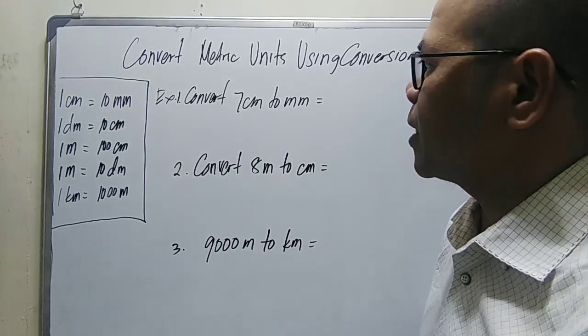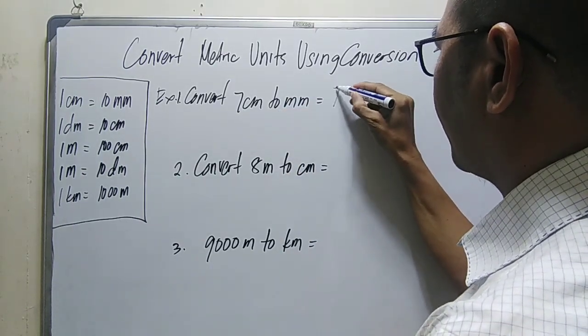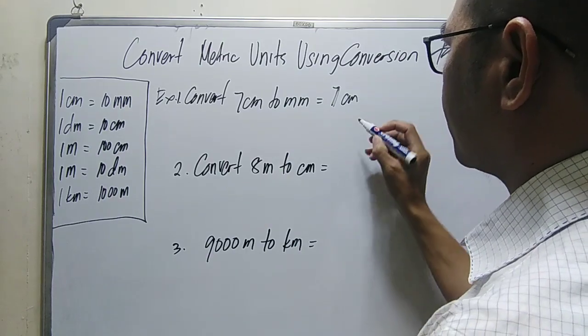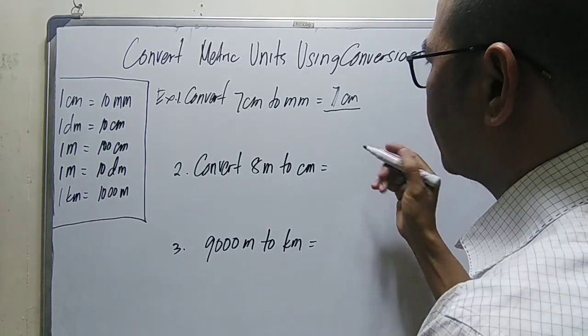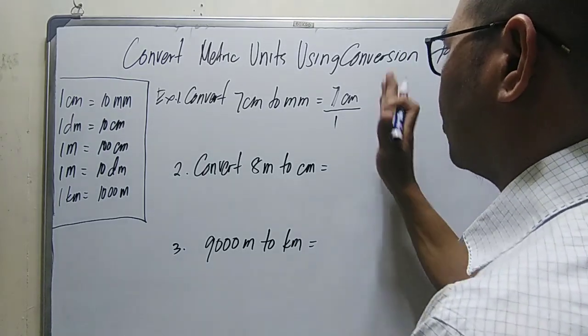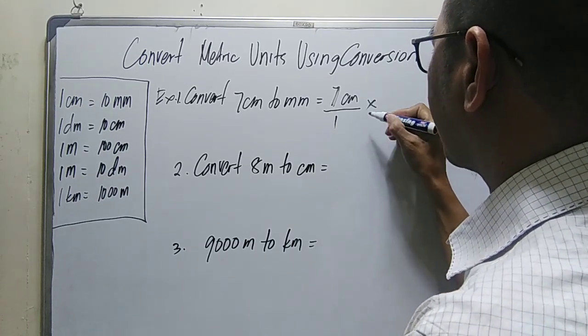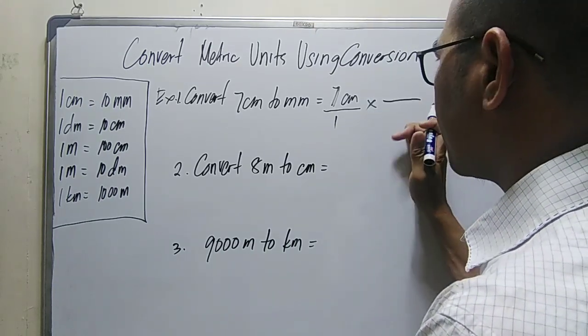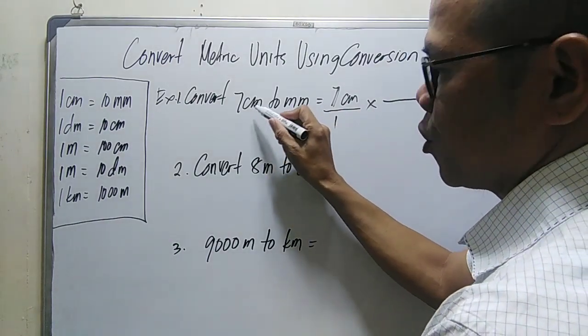Ang gagawin natin dito, kopyahin muna natin si 7 centimeters. If we say fractional form, dapat merong over 1 kasi whole number si 7 centimeters. We will multiply, so the denominator dapat the same siya sa original na measurement.